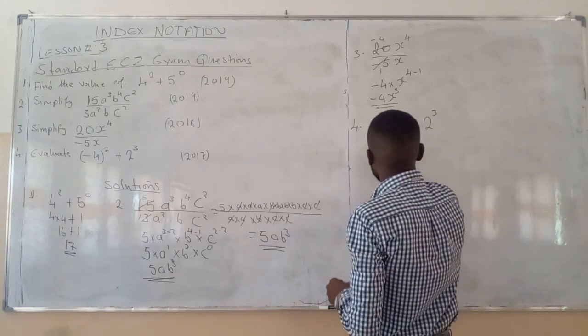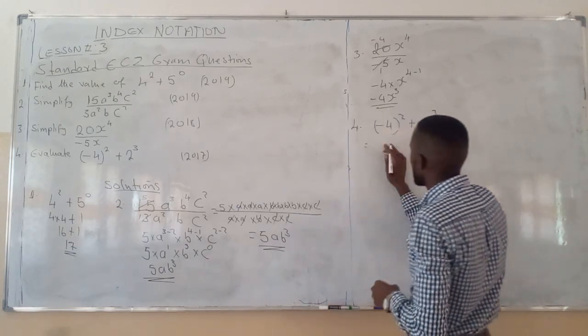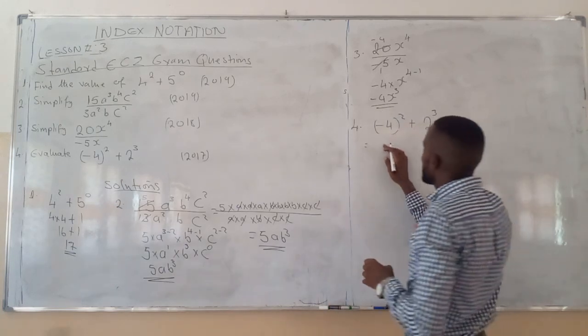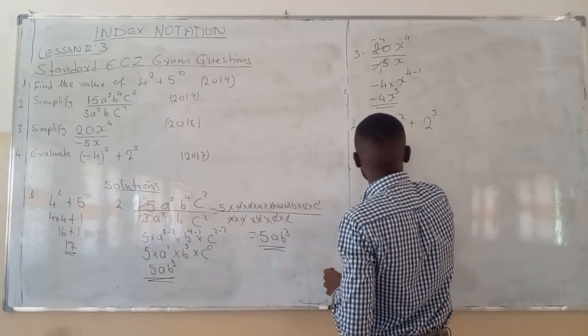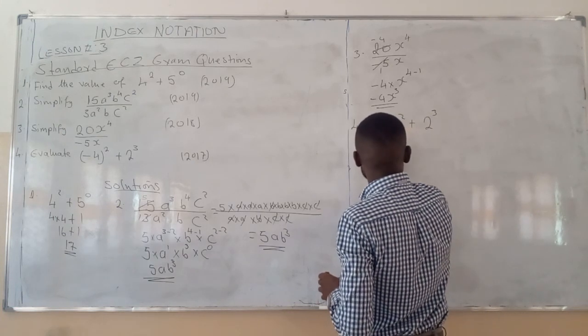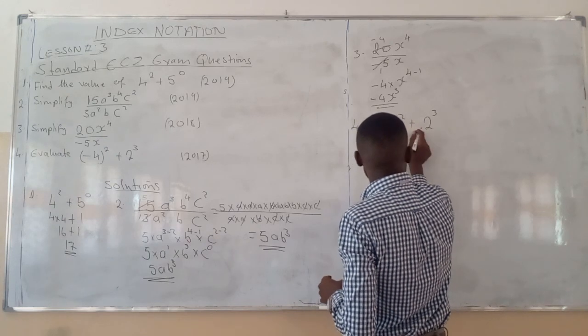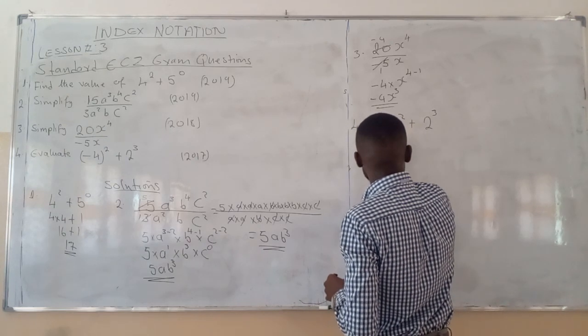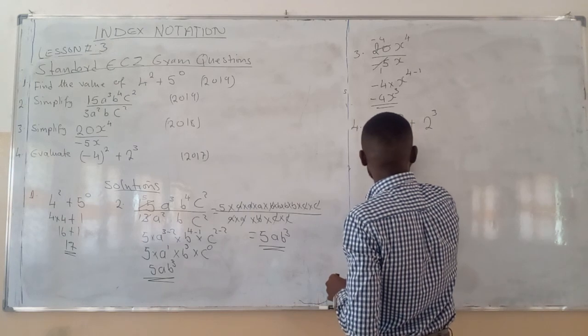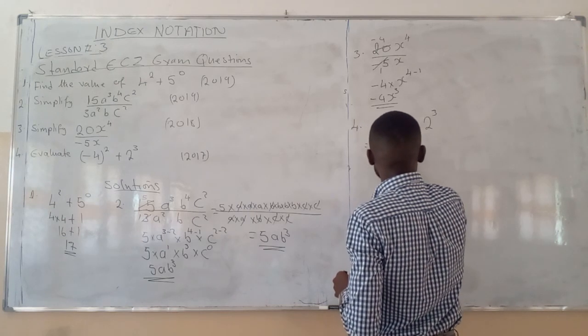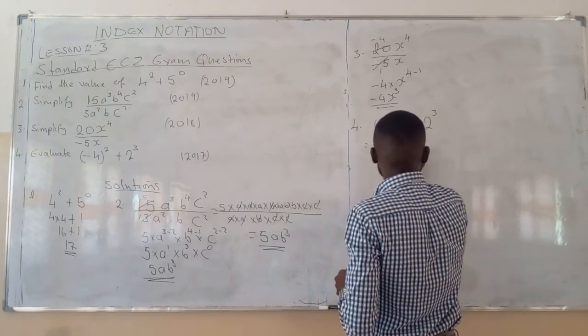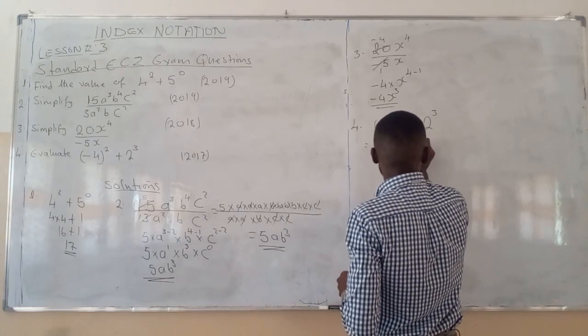So how you work out this one, let us expand it by simply saying the negative is also raised to power 1, and this 4 is power 1. So when you are doing this, you say negative 1 times 2. Again, we have the 4, 1 times 2.